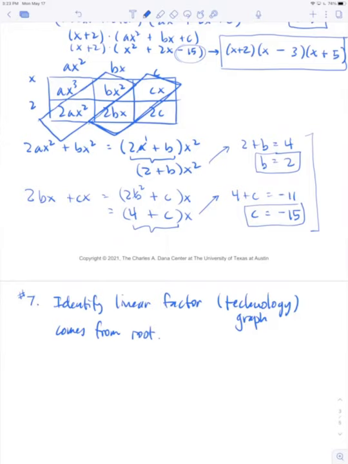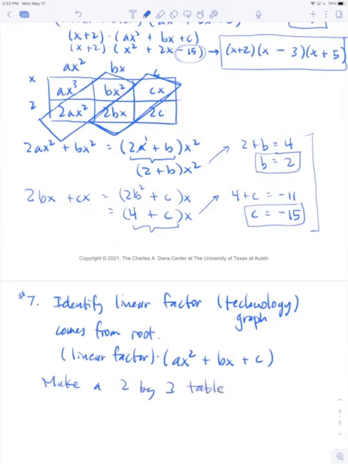For example, if the polynomial function was cubic, like the examples that we did here, we wrote it as a linear factor times the quadratic factor, which we wrote as ax squared plus bx plus c. And once we had this, at this point, we would make a 2x3 table and start looking at the patterns.